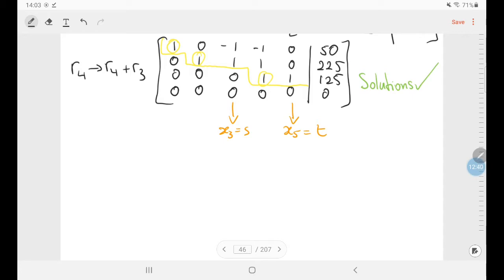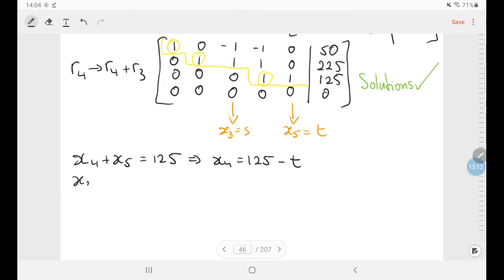So looking at the second last row, that reads x4 plus x5 is equal to 125. We know that x5 is equal to t, so if I take away that t from both sides, x4 is equal to 125 minus t. Then if I look at the next row up, that's the second row. The pivot is in x2, so that's finding us x2.